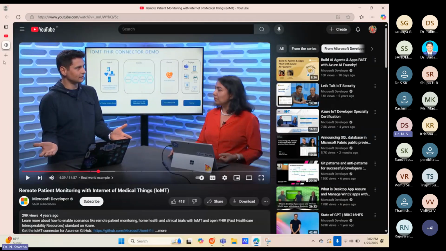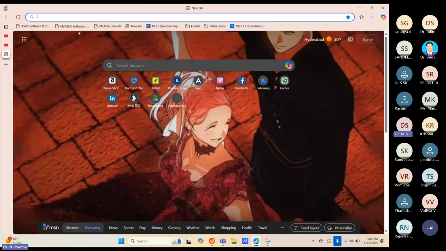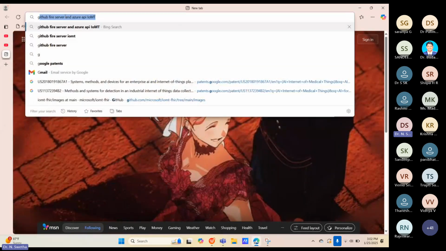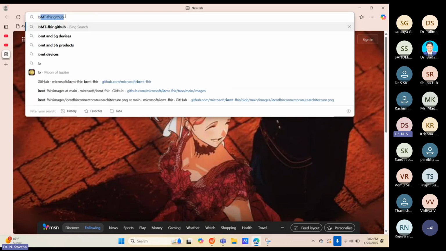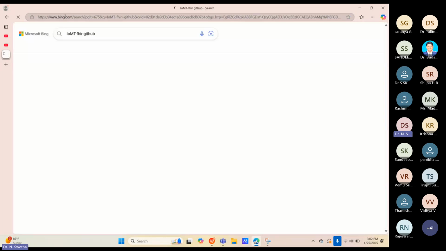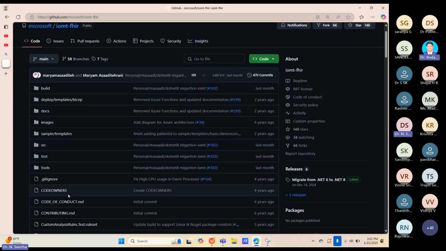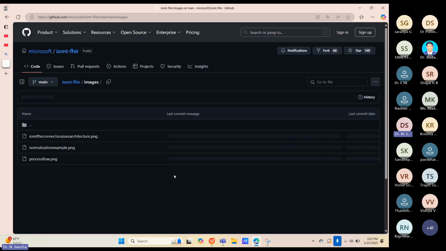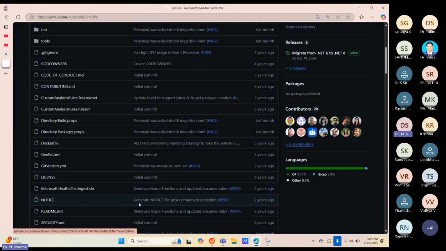Let me quickly show you where I was referring to. You can even type it in your laptops. I'll just say it is IoMT FHIR GitHub. You can open it and hover around each and every page and go through that. Let me show you what that particular video is talking about, what the architecture is.